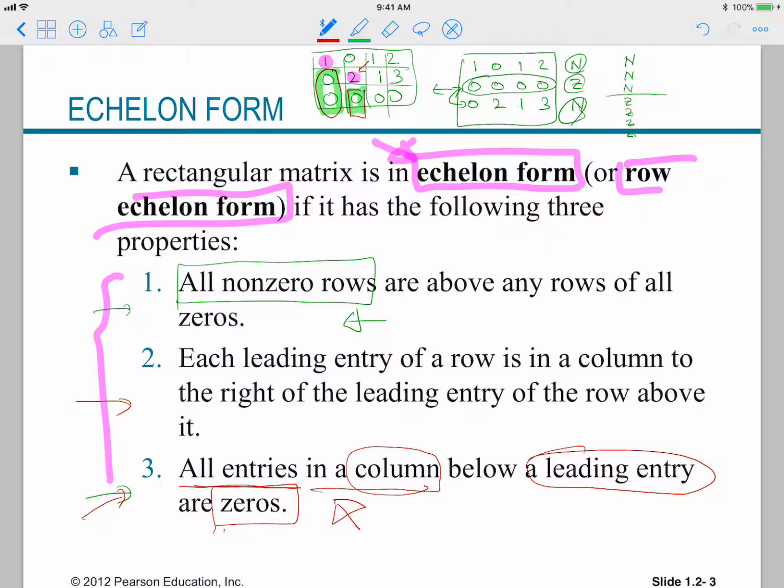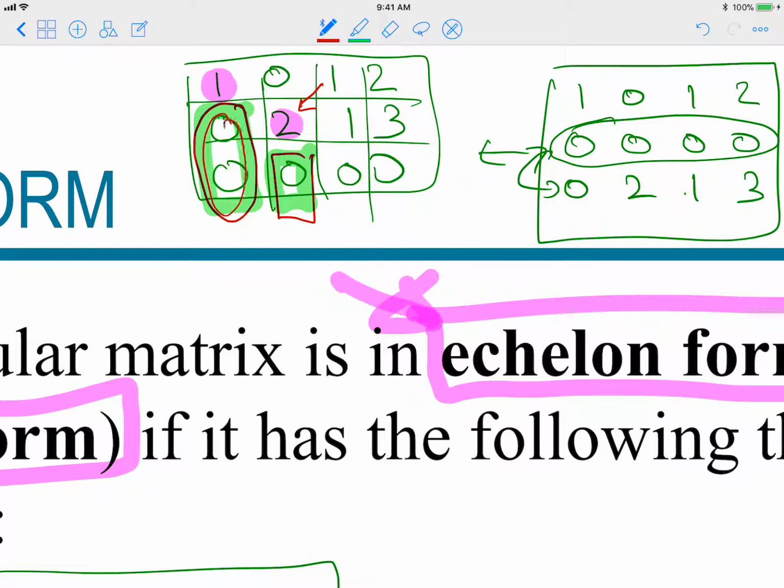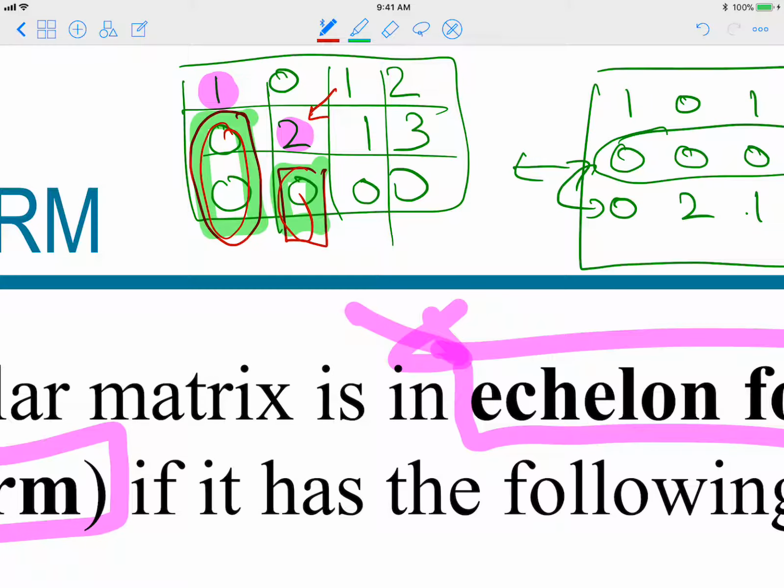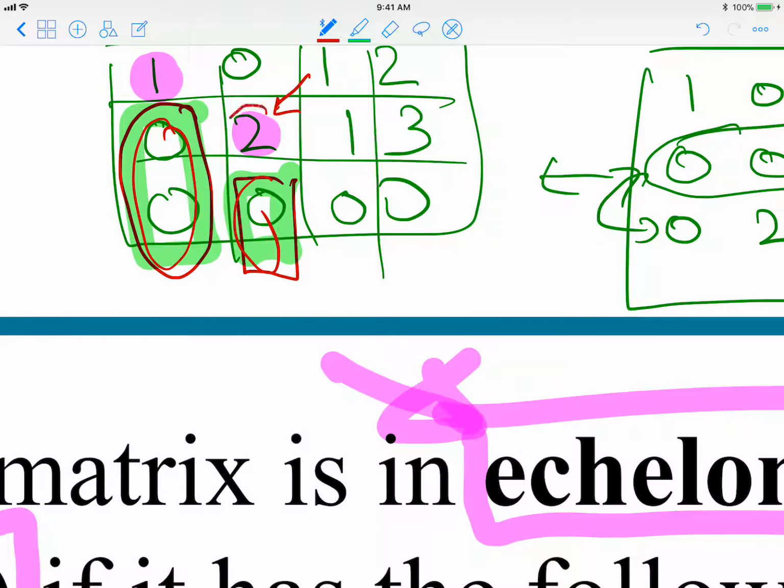Now let's look at the second one. The second one is about the order or the position of these leading entries. So we do not care about the other entries below these leading entries, since that was considered in the third condition, but we only look at the leading entry of each row. Let's pick any of them.